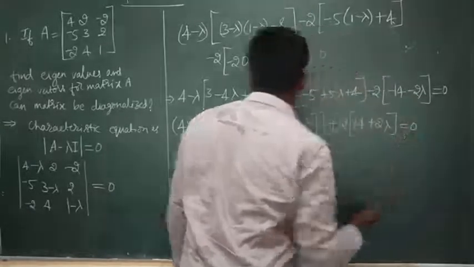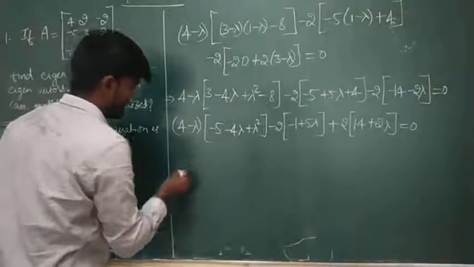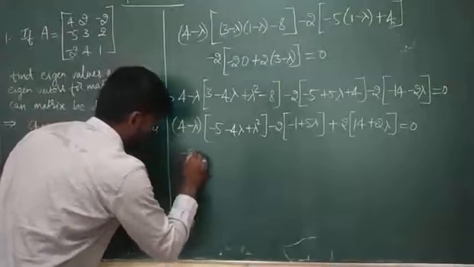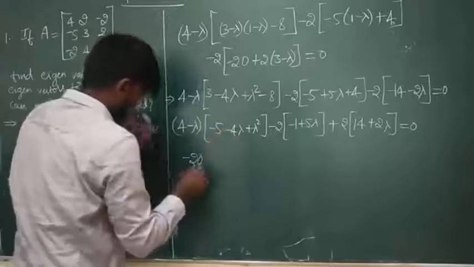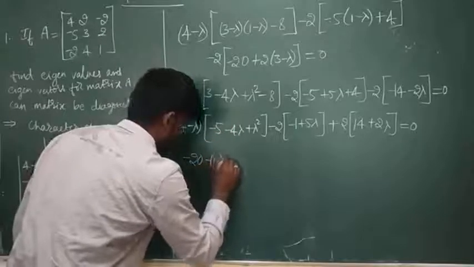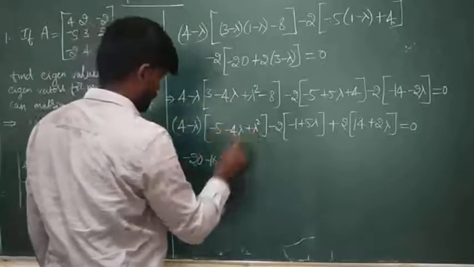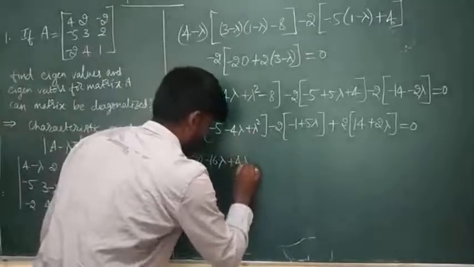Therefore, 4 into minus 5 is minus 20, 4 into minus 4 lambda is minus 16 lambda, 4 into lambda square is 4 lambda square.